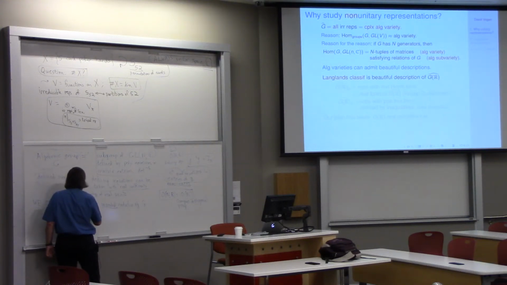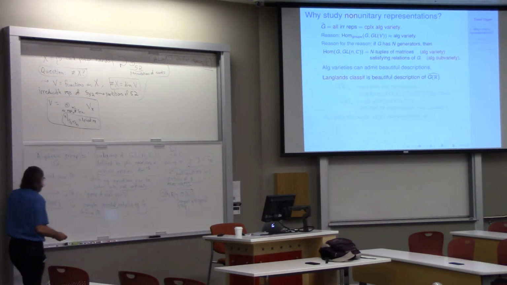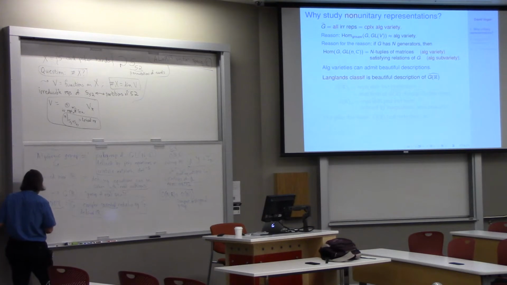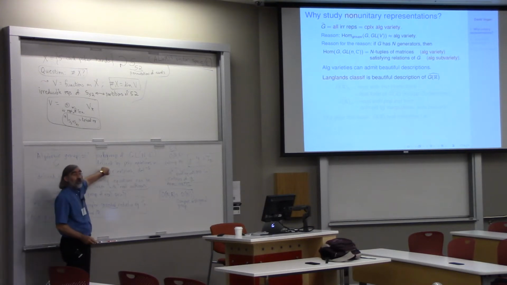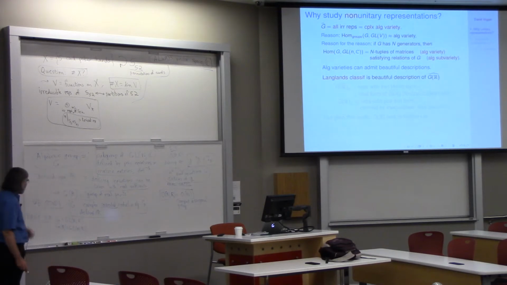G is defined over R. And always the most important example, with no defining equations, is G = GL(n, C), and G(R) = GL(n, R).